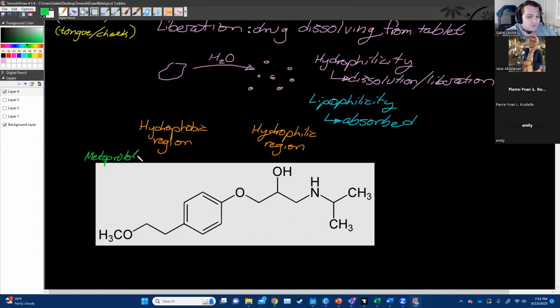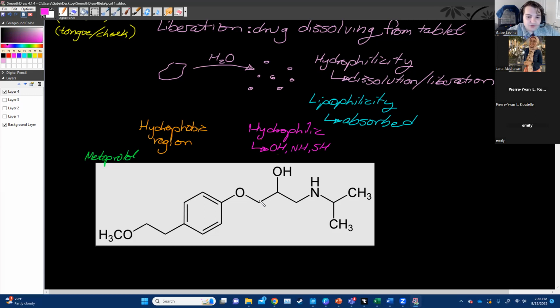And looking at the structure of metoprolol, we should be able to identify a region that is much more hydrophobic, in other words, it's lipophilic, and a region that is hydrophilic. So we know that hydrophilic drugs are those that have OH, NH, or SH bonds.